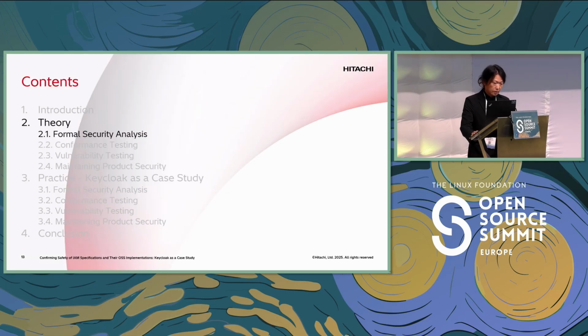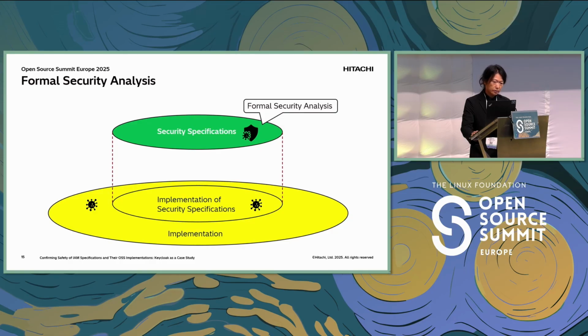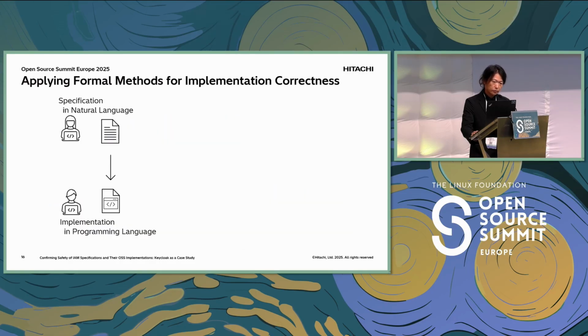First, I'd like to talk about formal security analysis to identify the vulnerabilities included in security specifications. Originally, formal methods used by formal security analysis were applied to specifications written in natural language and implementations of the specification.